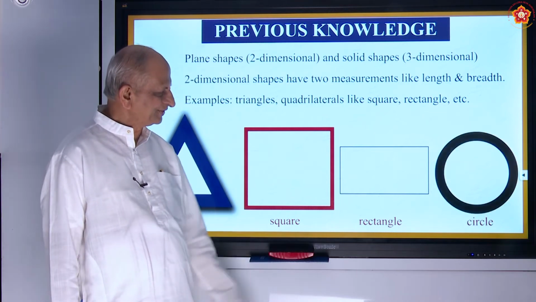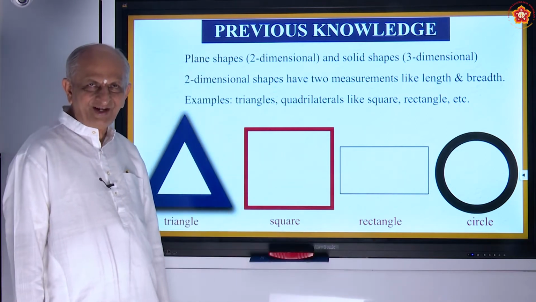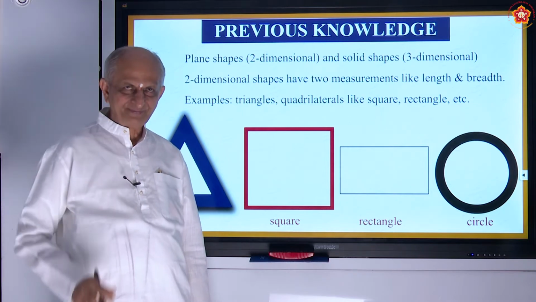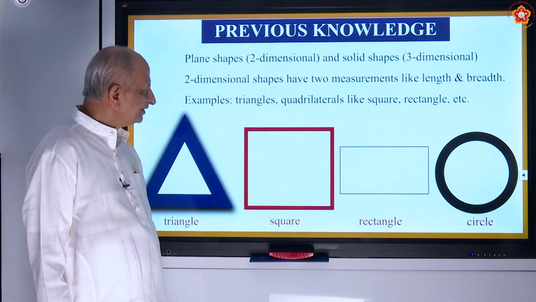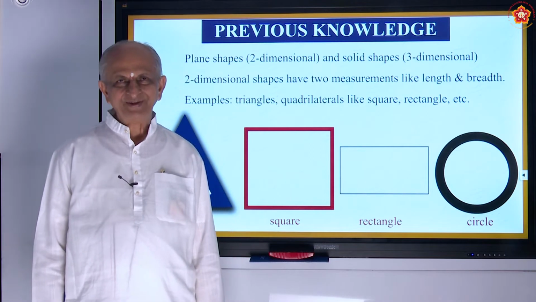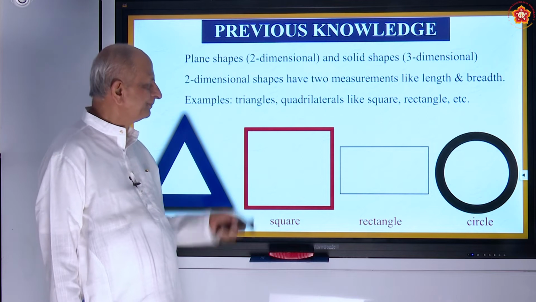And this is also a very famous one, called the circle. What is a circle? It is the locus of a moving point which moves with a fixed distance from a fixed point. So these are all 2D or two-dimensional figures, also called plane shapes.